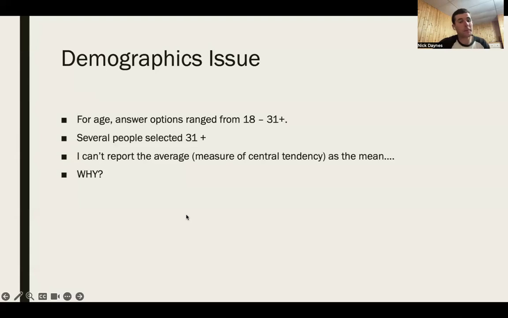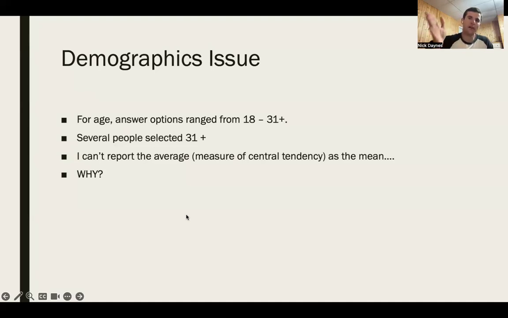Turns out that several people selected 31 plus, and not too many, maybe 5 or 6, but a few people did. It turns out, and I didn't realize this at the time, that I can't report the average, meaning the measure of central tendency, as the mean. Now, when we talk about average, sometimes it's always meaning the mean. Average just means the center. So you can measure the average using the median or the mode or the mean.